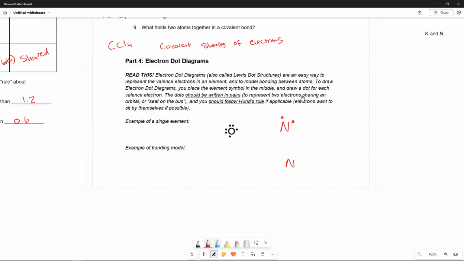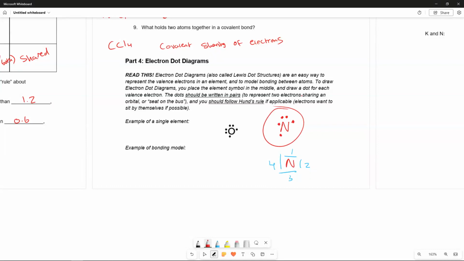So we have 4 sides: side 1, side 2, side 3, and side 4. You need to give one dot to each side before giving it another dot. That's all it's saying. So give 1 here, 2 here, 3 here, 4 here, and the 5th one you can give as a second one to the first one where you started.